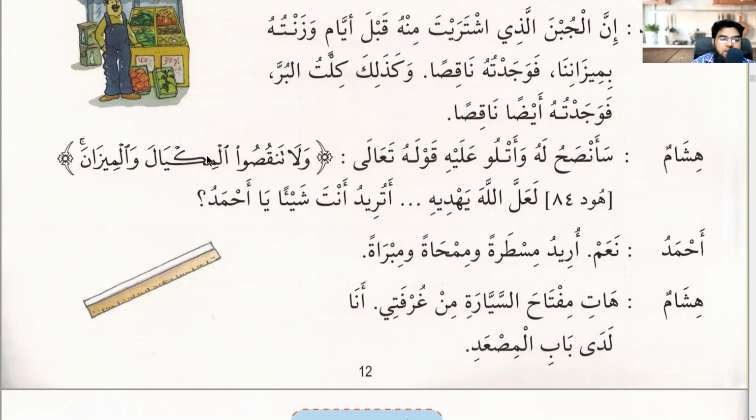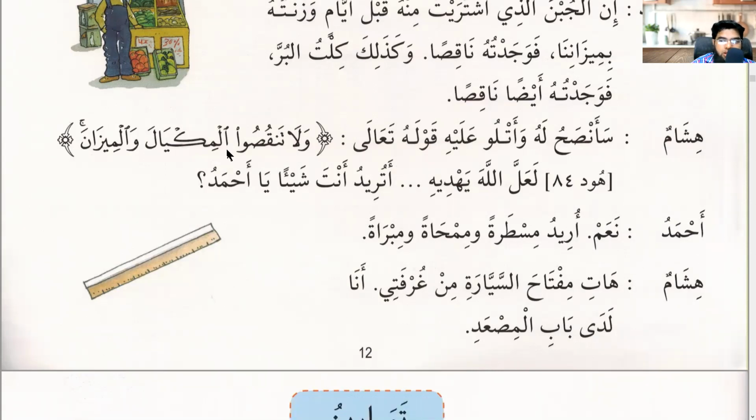Mikyal. Kala yakilu is to measure, right? In previous days they would buy things with measurement. Nowadays we don't generally. We buy with kilograms or pounds. But they used to measure things like one cup of barley or one sa, one mudd.